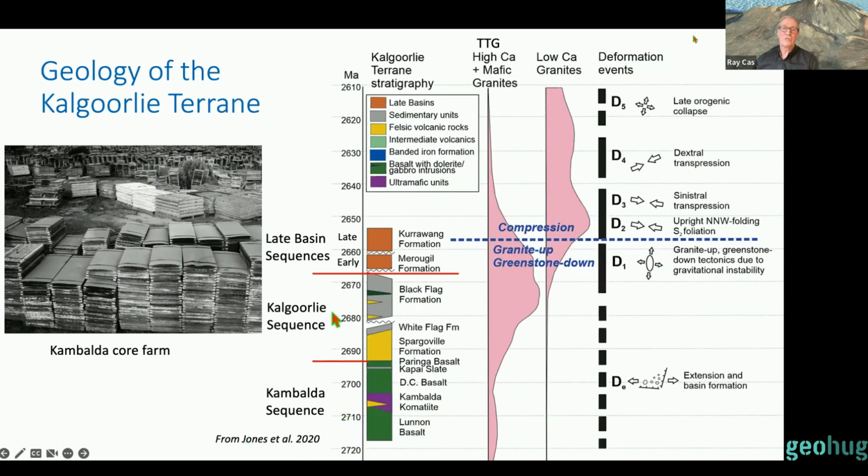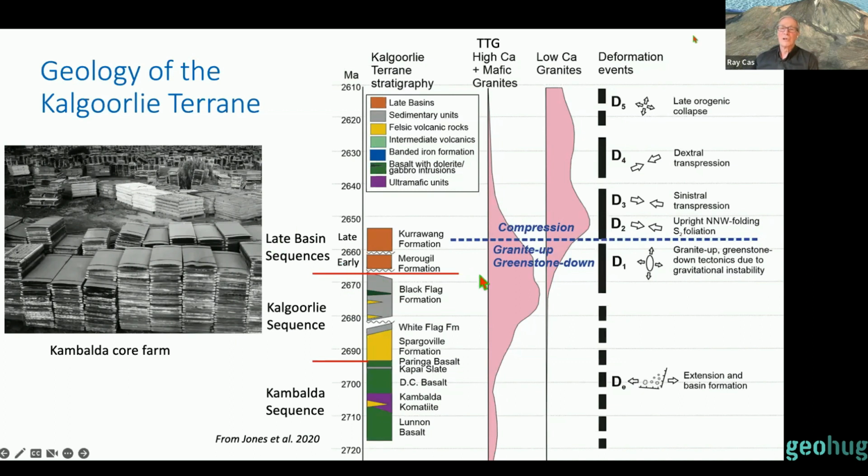It shows this threefold large-scale stratigraphic subdivision: the basaltic and ultramafic lower sequence, the Kambalda sequence, extending from 2720 to about 2690; the middle, more felsic Kalgoorlie sequence, extending from 2690 to about 2665 million years; and then the youngest late basin sequences, extending from 2665 to about 2655, although it could be a little bit younger.